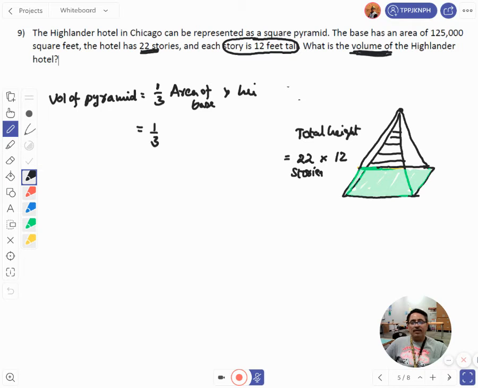So the area of base is already given as 125,000 square feet, that comes here. Then coming to height, here already explained that it is 22 times 12, I did not multiply, that comes here. So the height is 22 stories, each story is 12 feet tall.